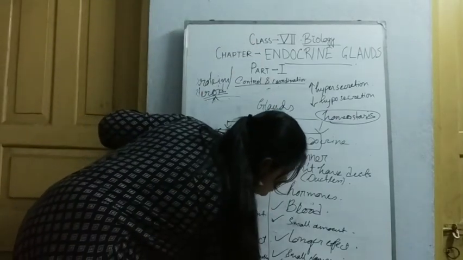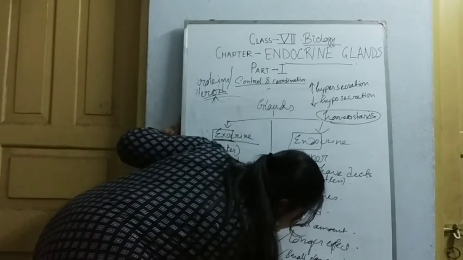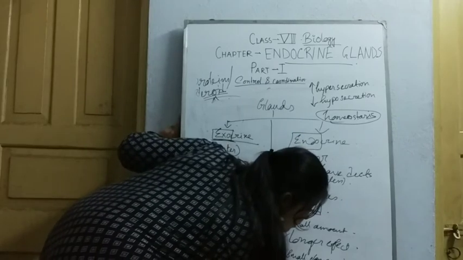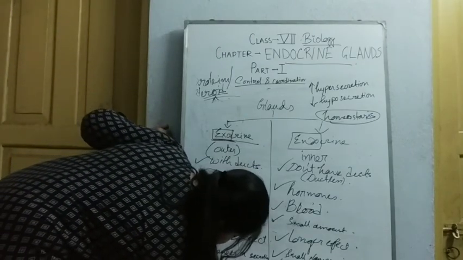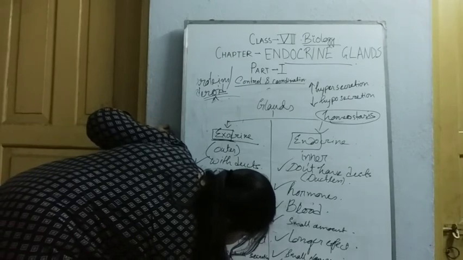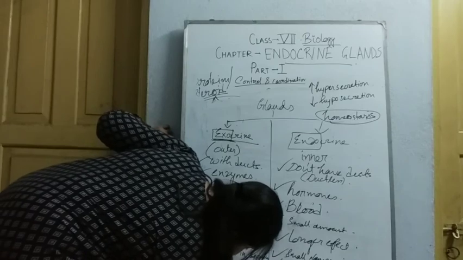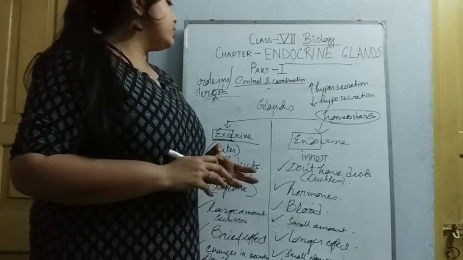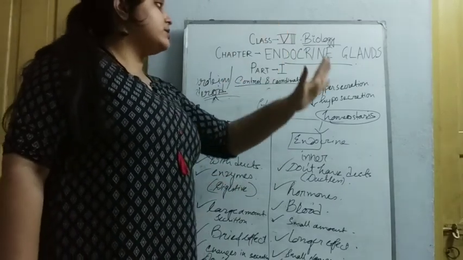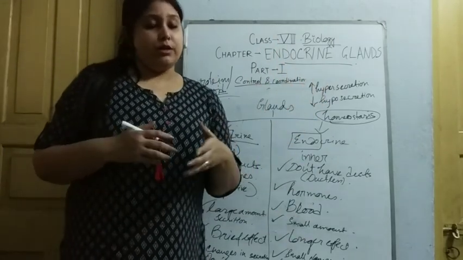Examples of the endocrine glands are the thyroid gland and the ovary, and examples of the exocrine glands are the salivary glands, sweat glands, etc. So today we discussed the basic things of the exocrine and endocrine glands, and control and coordination, and that is enough for today.